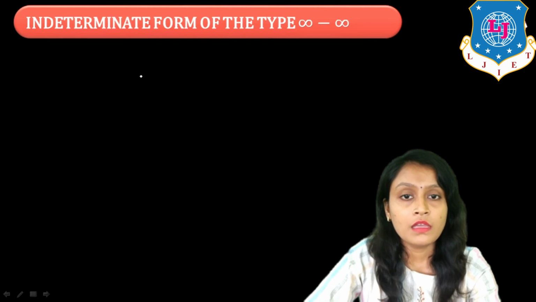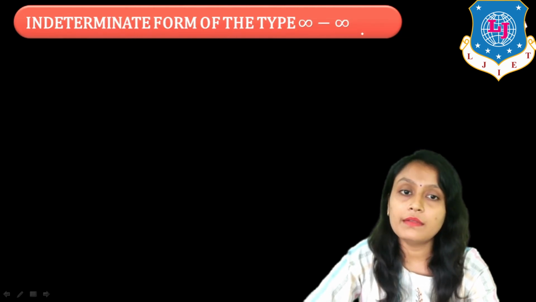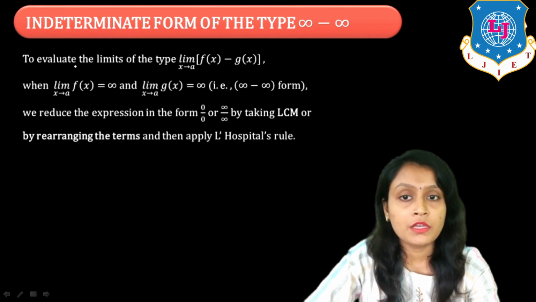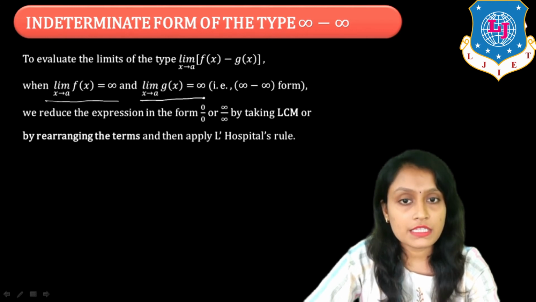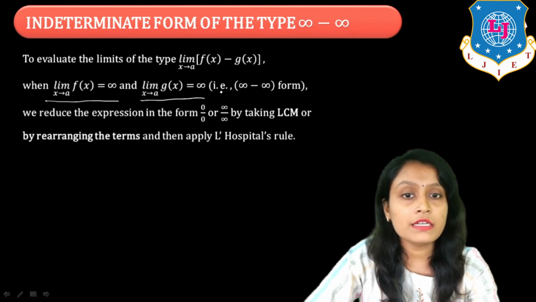Now let's study the indeterminate form of the type infinity minus infinity. To evaluate the limit of the type limit x tends to a of f(x) minus g(x), when limit x tends to a of f(x) tends to infinity and limit x tends to a of g(x) tends to infinity, if both these limits tend to infinity, you will get this form, that is infinity minus infinity.